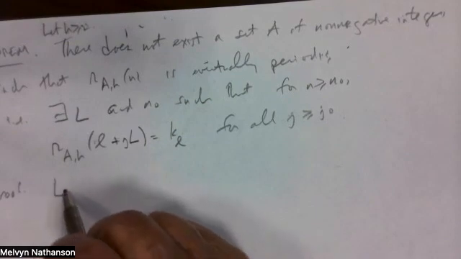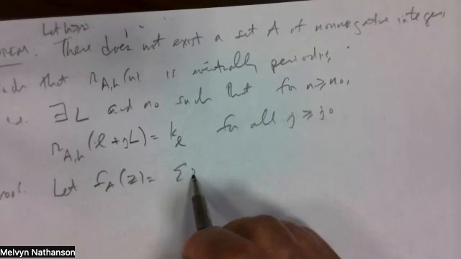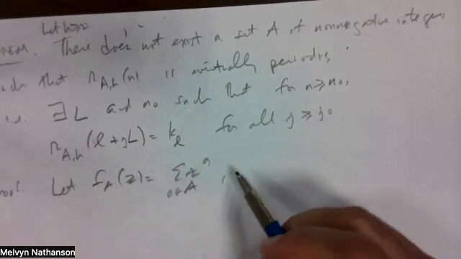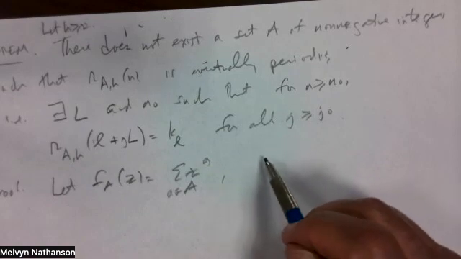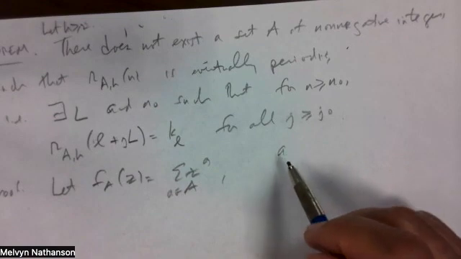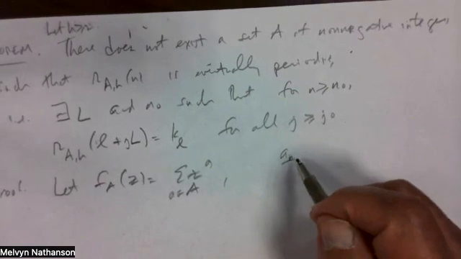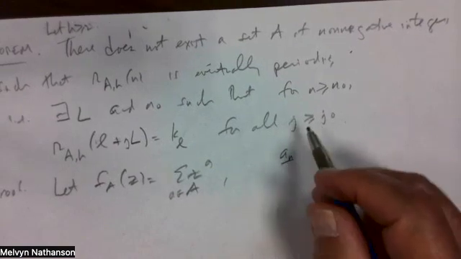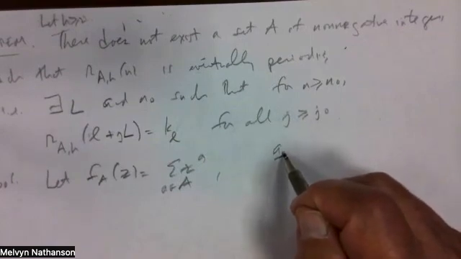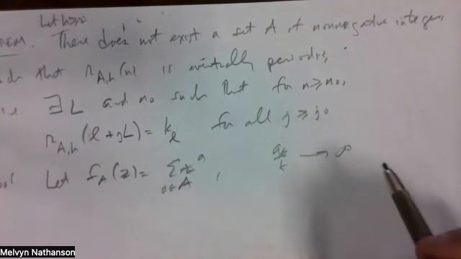So one considers the generating function f sub A of z. We know that a sub t over t goes to infinity.